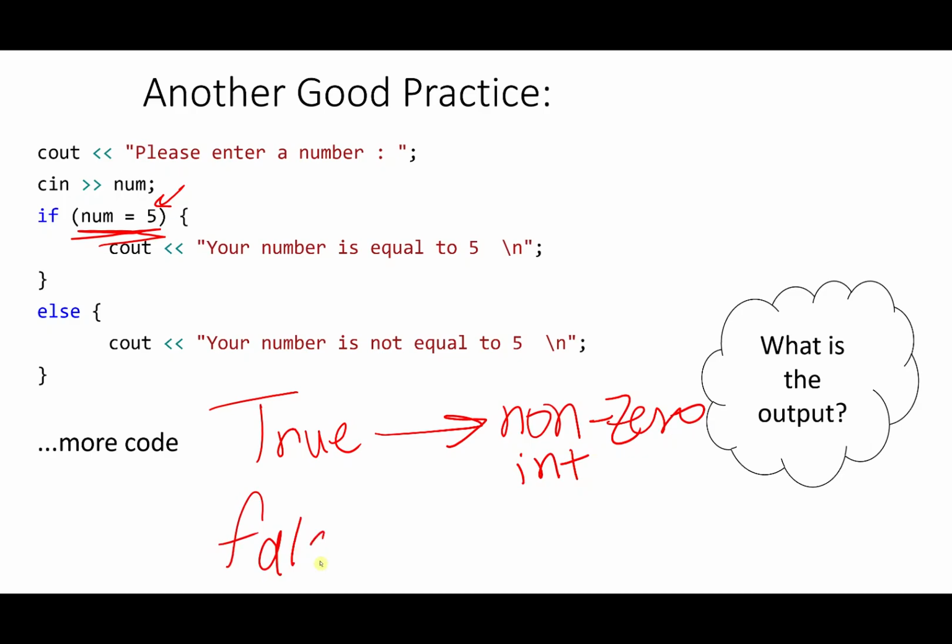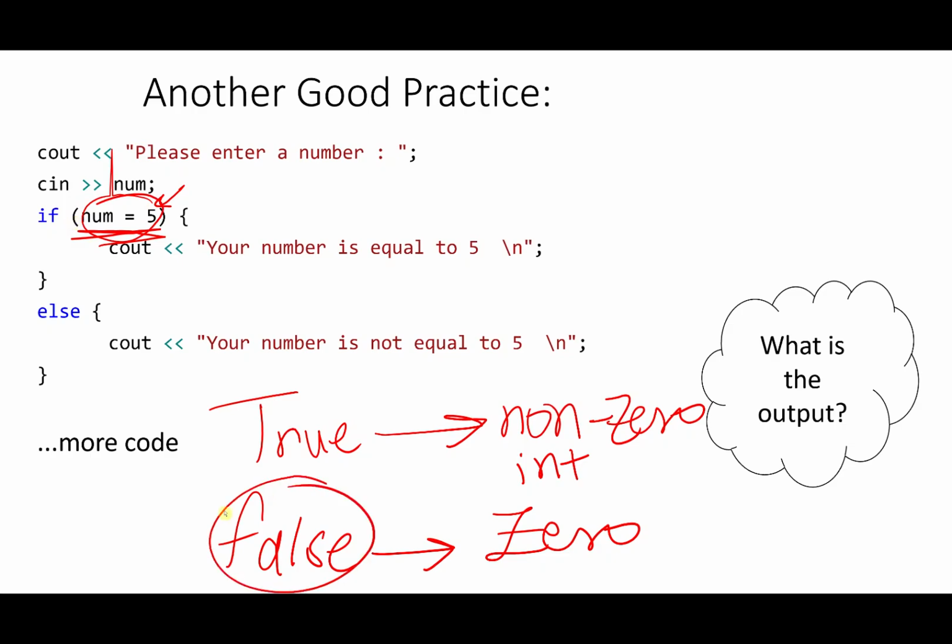False is equivalent to 0. Now, this is true in C++. In C++, you don't always have to have Boolean expressions in here. You can have numbers. 0 means false. Non-zero, whether it's negative or positive, means true. So this would give you always true.